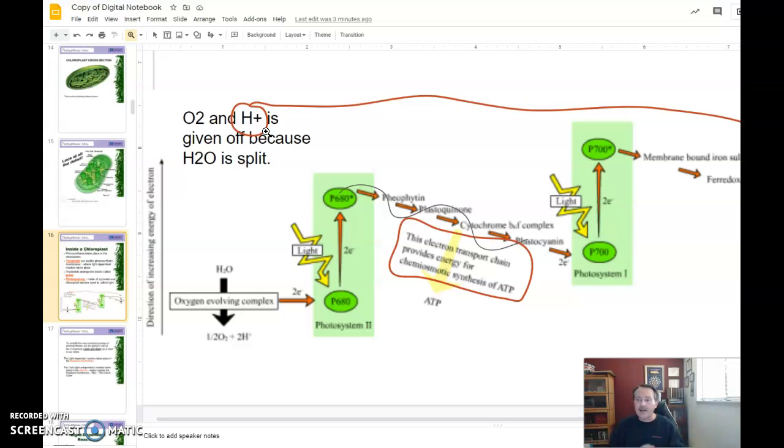Now you take these hydrogen ions and you move them over here to the NADP plus so that they can combine with that. And then you take these O's and you allow them to bond together. And now you've got oxygen that is basically not needed there. And so you need to get rid of it.